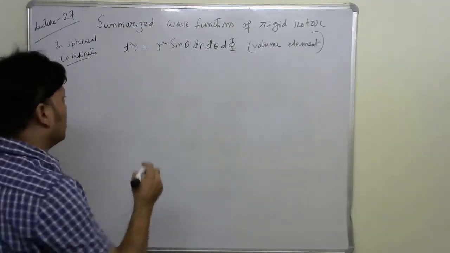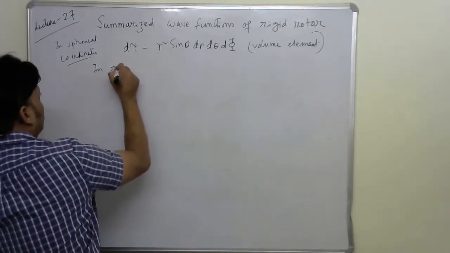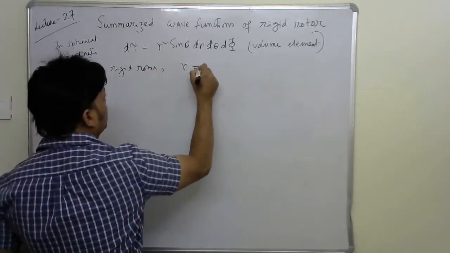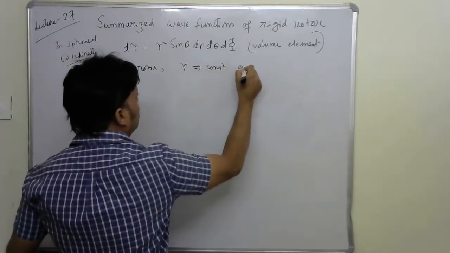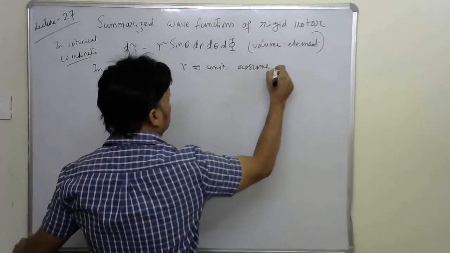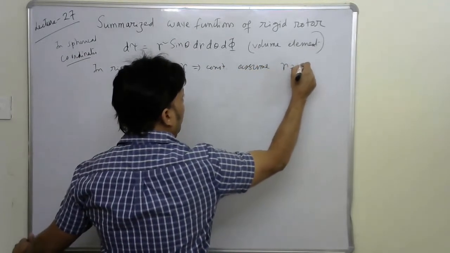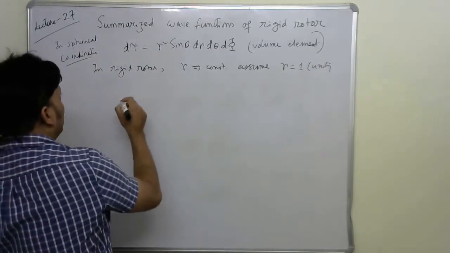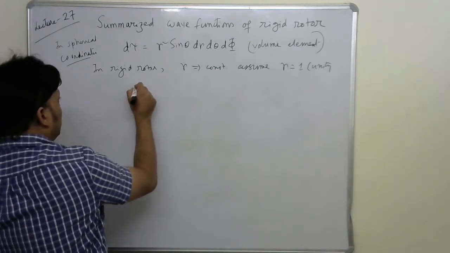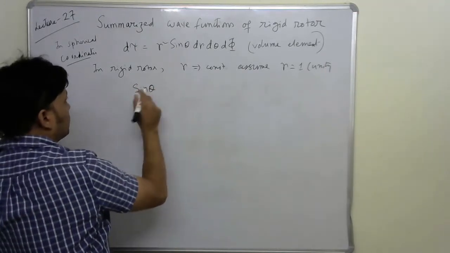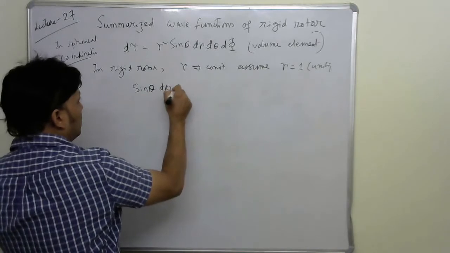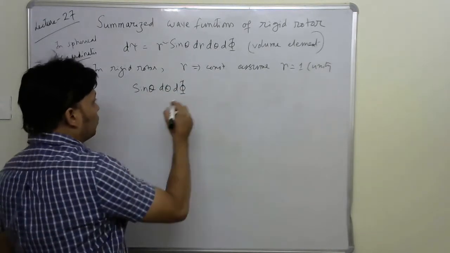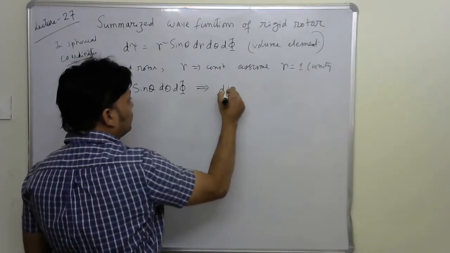Now if you think in the case of the rigid rotor, r is fixed, so r is constant. Let's assume that r is equal to 1, meaning unity. Then whatever the element of integration is, sine theta d theta d phi, we can call that dA.